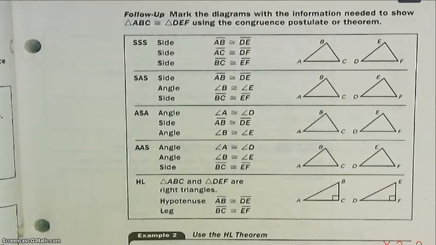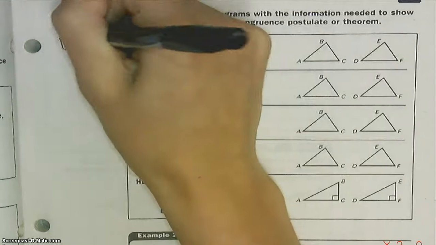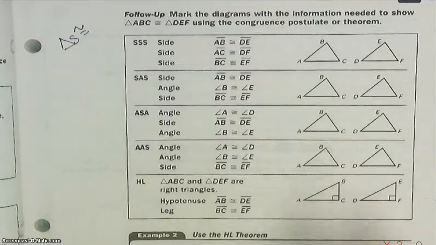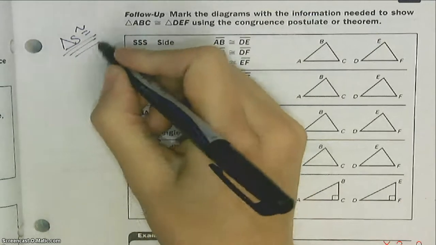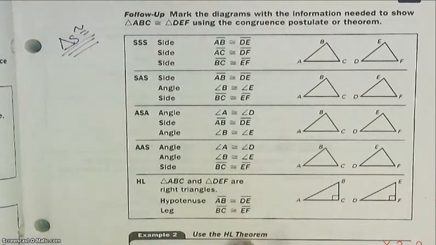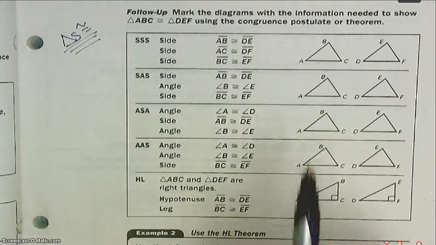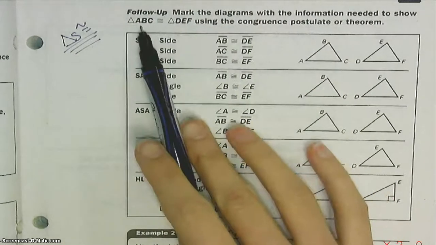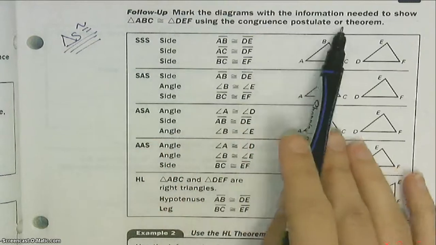All right, so here we go. These are all the ways we've learned to prove that triangles are congruent. You definitely need to know these 5 ways. So it says, mark your picture. A, B, we use the congruence postulate.